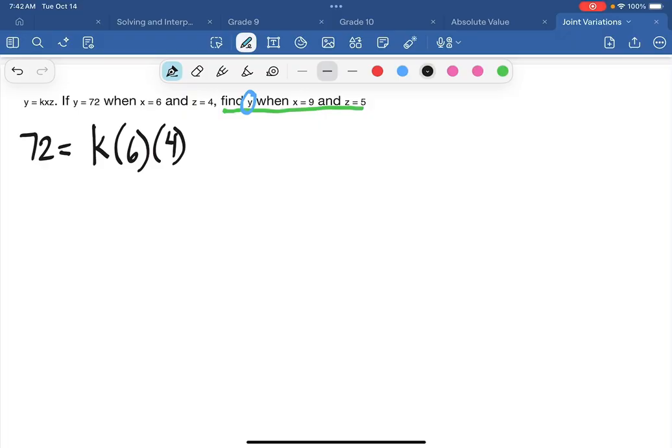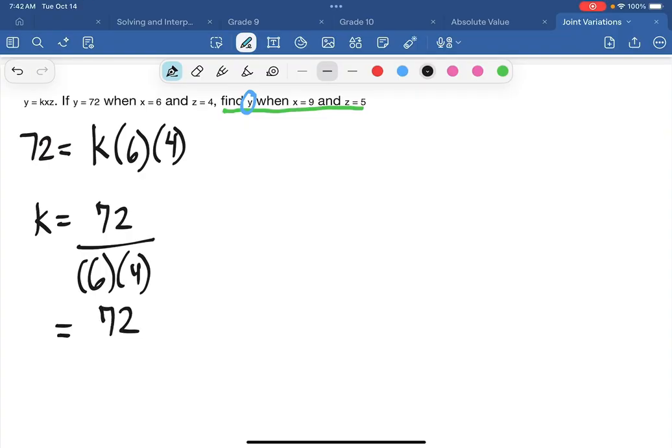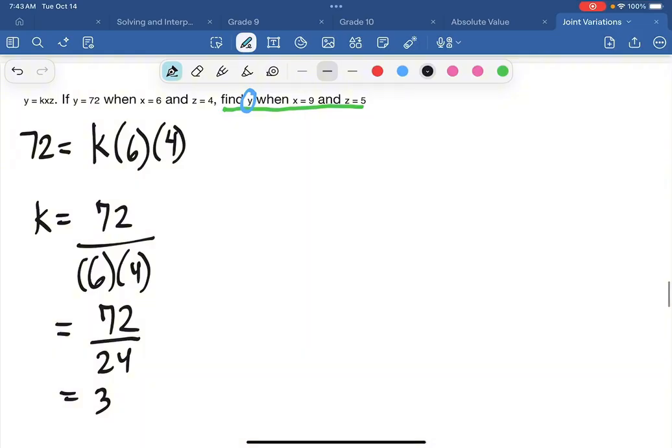If you want to do the short formula for k, we could just have k equals 72 over 6 times 4. 72 divided by 6 times 4, which is 24. And 72 divided by 24 is 3. So the value of our constant is 3.